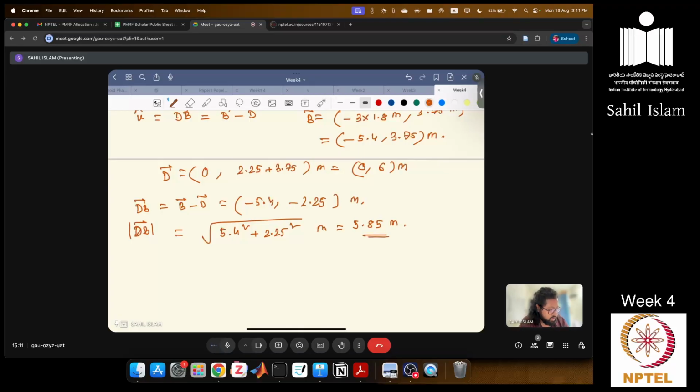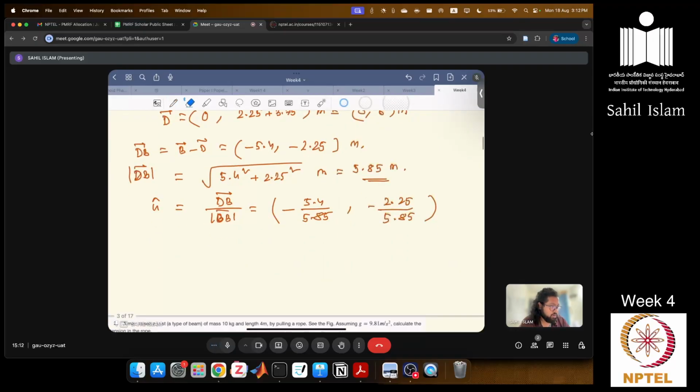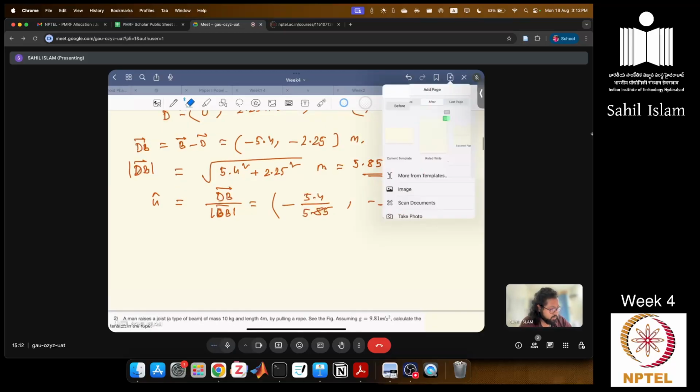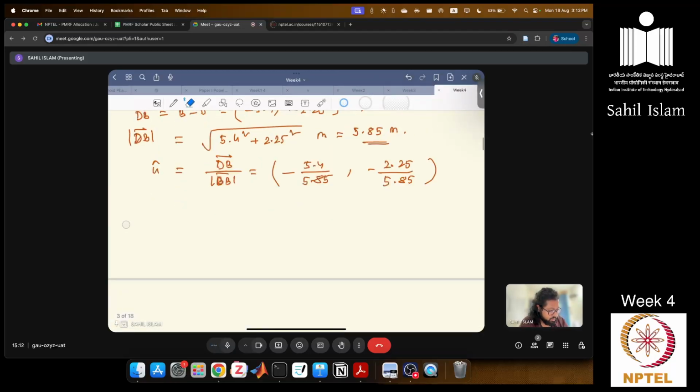So we get u cap as dB by mod dB, which is minus 5.4 by 5.85 comma minus 2.25 by 5.85. So u cap is a unit vector, and we also need to find out what v cap is.